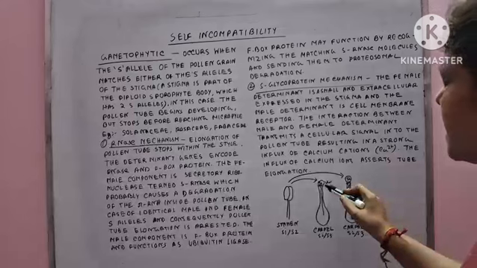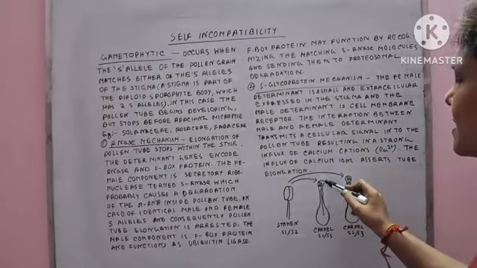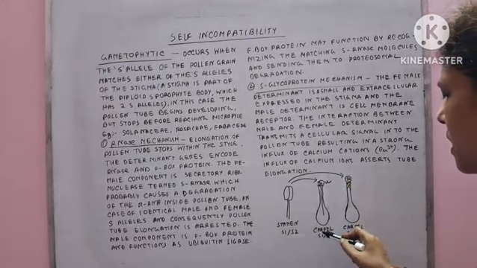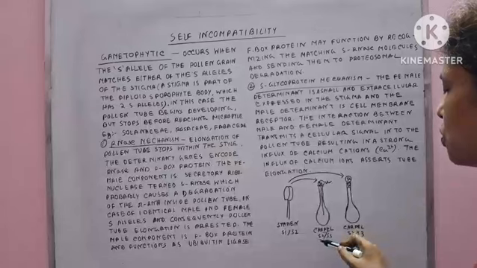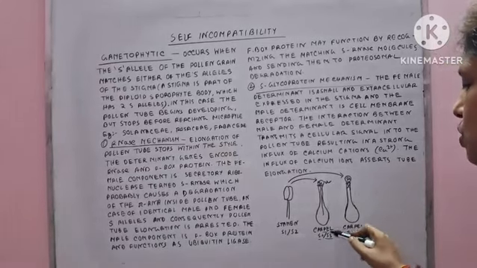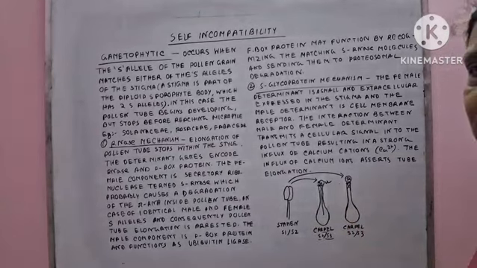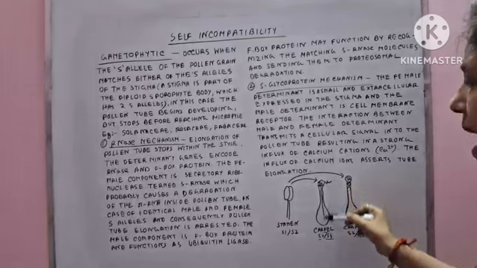S1 is not matched with the carpel loci S2 and S3, so you can see that pollen tube elongation is happening.